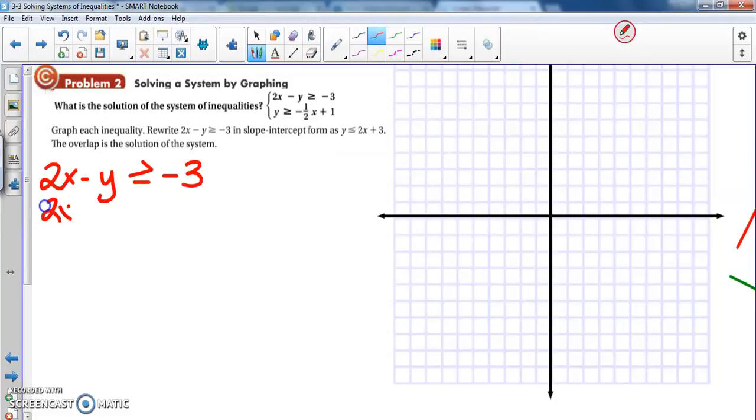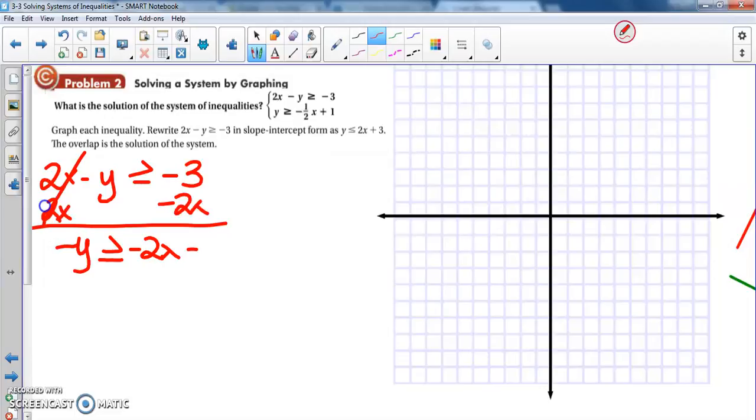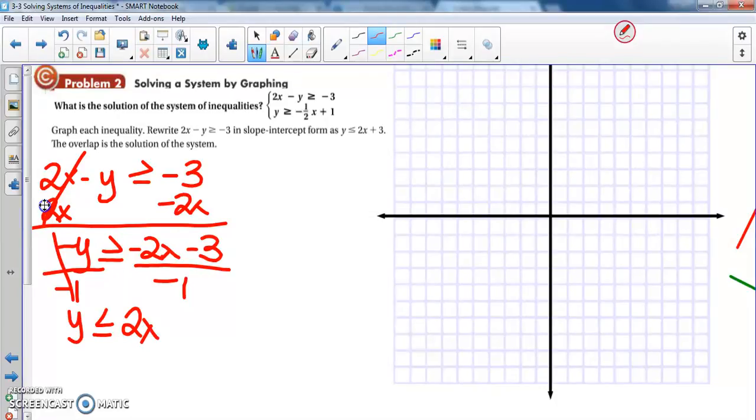I'm going to subtract 2x from both sides, and I'm going to divide by -1. So y is less than or equal to, because I divided by a negative, I need to flip my sign. 2x divided by -1 is 2x. -3 divided by -1 is +3.